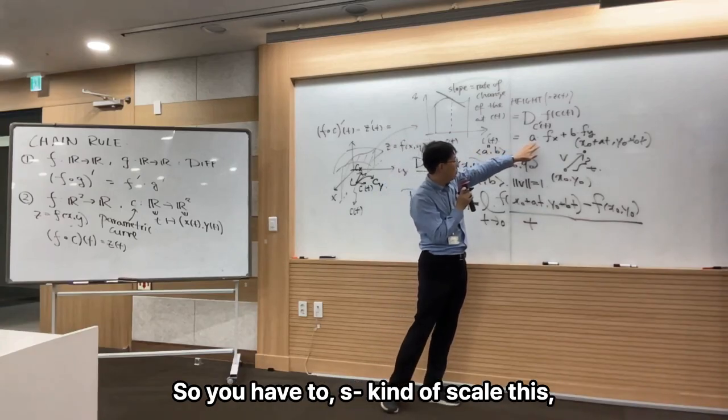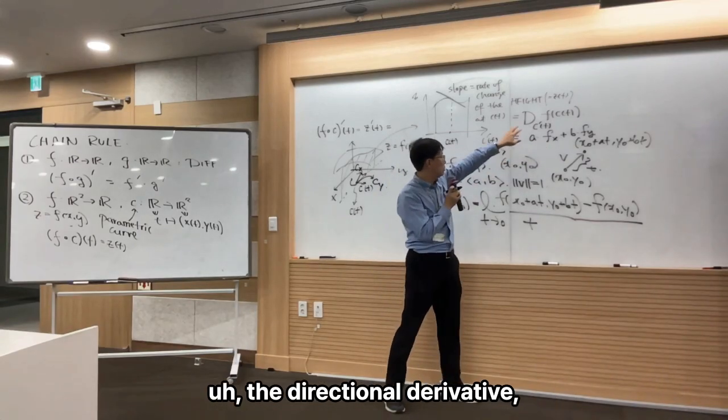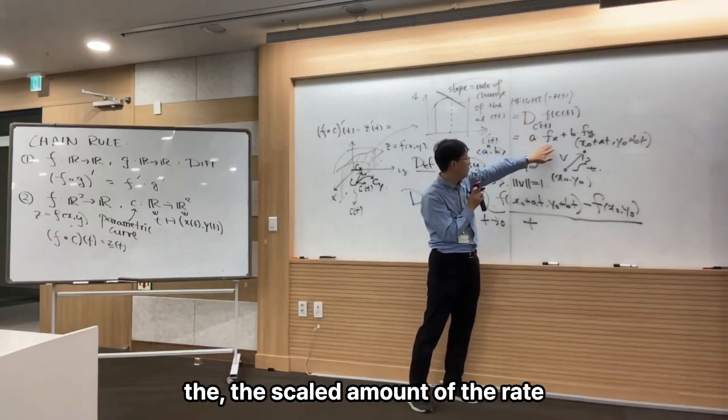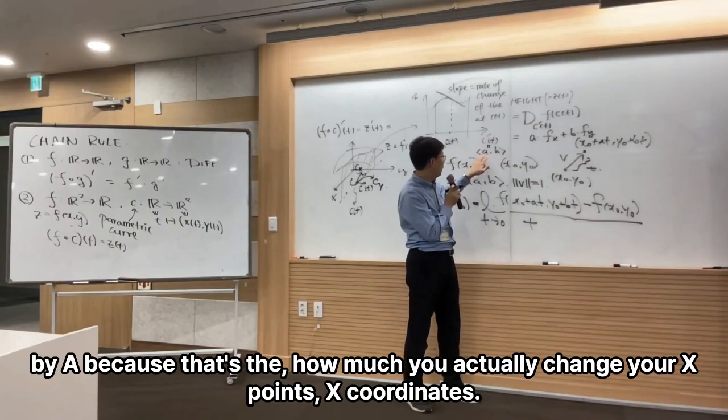So you have to scale the directional derivative, the rate of change result from the unit speed, by a, because that's how much you actually change your x coordinate.